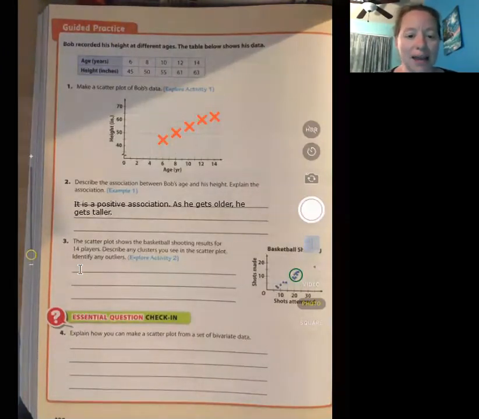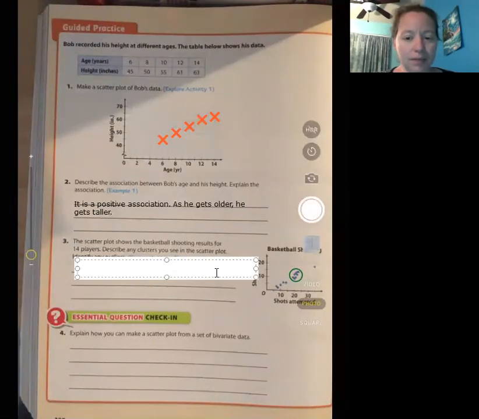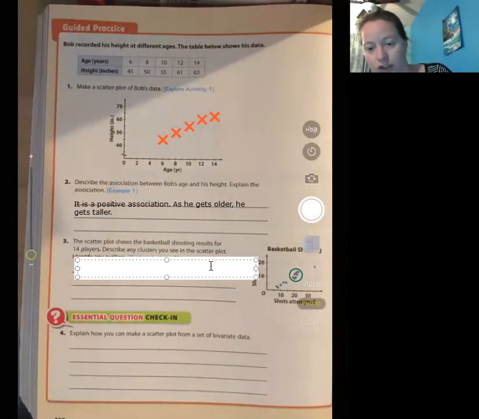So describe any clusters. Between 15 and 25, because that looks like it's by 5s. 5, 0, 5, 10, 15, 20, 25, 30, 35.